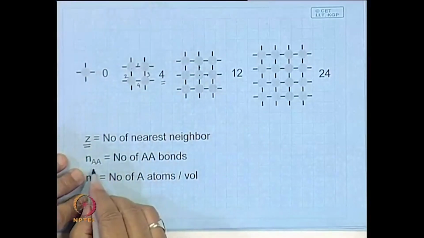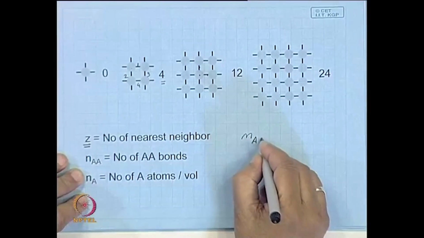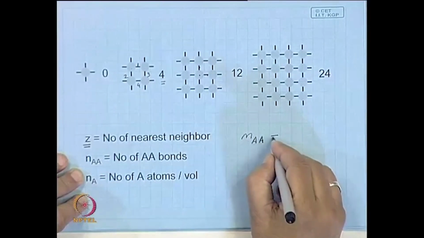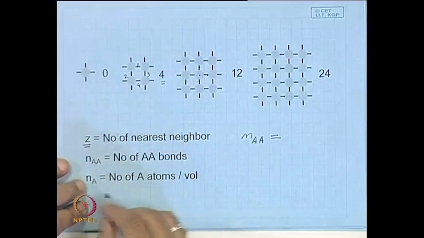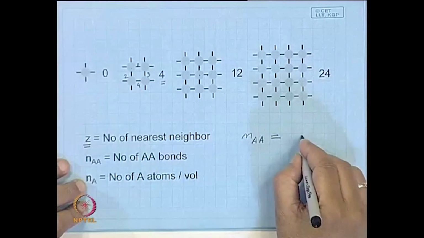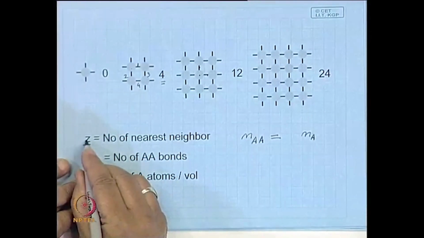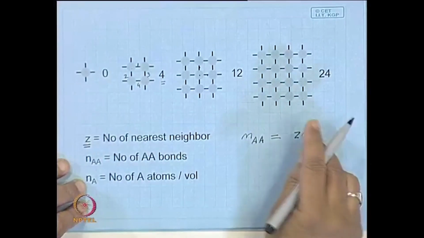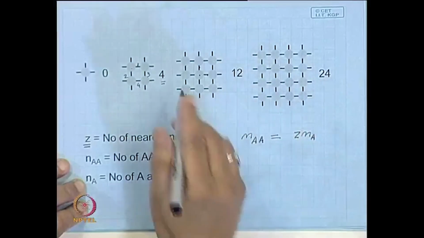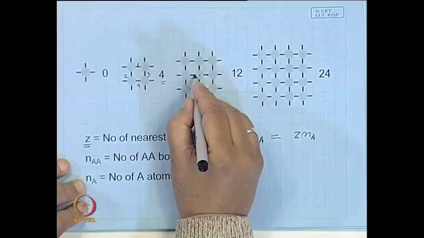Then how do you calculate N_AA, that is the number of AA bonds? If you have N_A atoms, each has coordination number Z. So, Z times N_A, there will be so many bonds, but when bond formation actually takes place, this is counted twice.